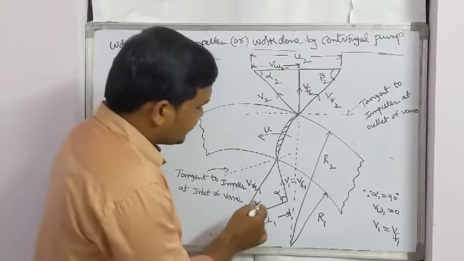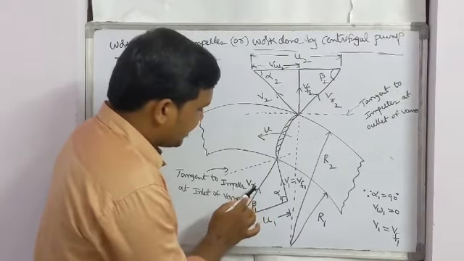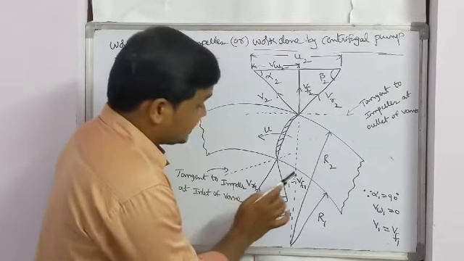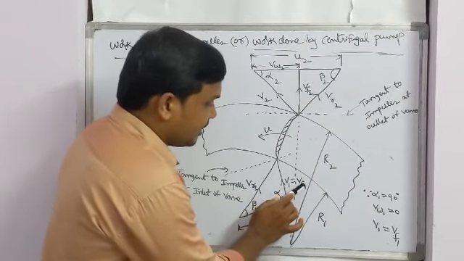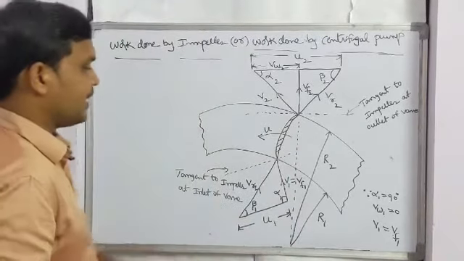V1 is the absolute velocity, VR1 is the relative velocity, Vf1 is the flow velocity, and U1 is the impeller blade velocity.